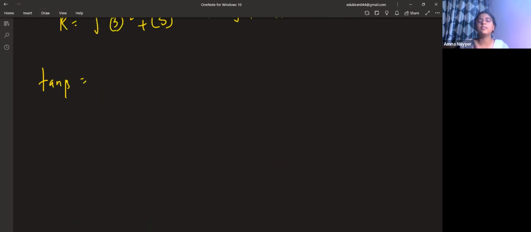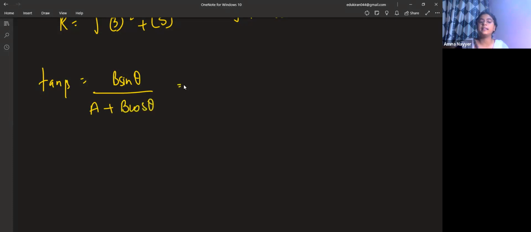What is the formula of tan beta that we had substituted? Yes, Sarah. Can you narrate the formula for tan beta? B sine theta by A plus B cos theta. Very good. B sine theta divided by A plus B cos theta.